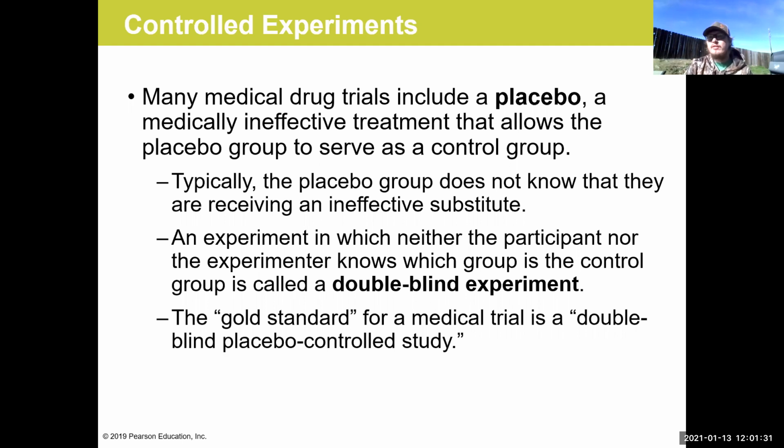By the doctors not knowing which group is getting it, they're going to measure the blood pressure for each group the same. And if the people know, hey, I'm getting the placebo, they may alter their lifestyles differently. Or if they know they're getting the medication and not the placebo, then again, they could alter the way they live their lifestyles, which could affect their results. So the gold standard for these medical trials on medications is a double blind controlled study.